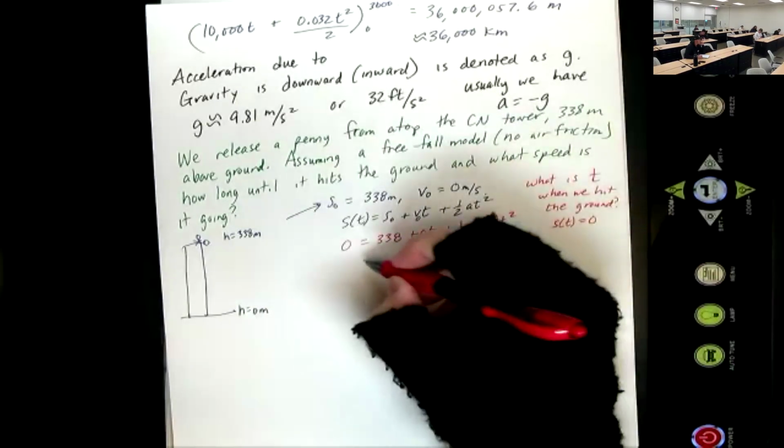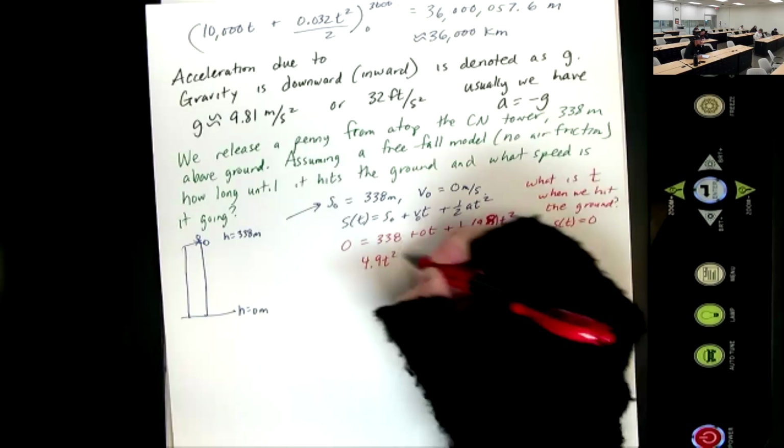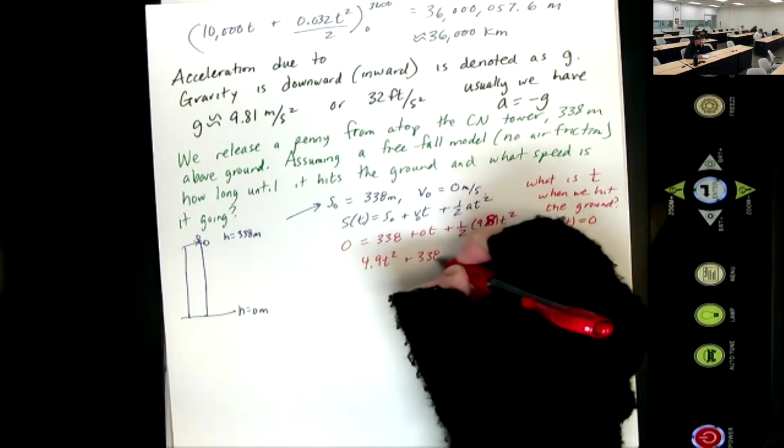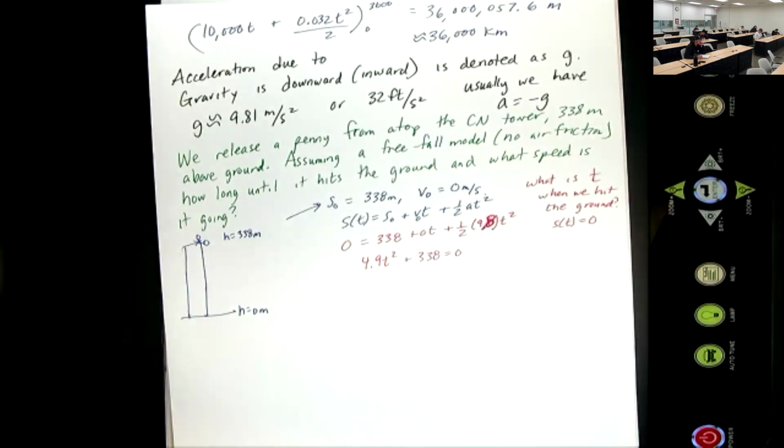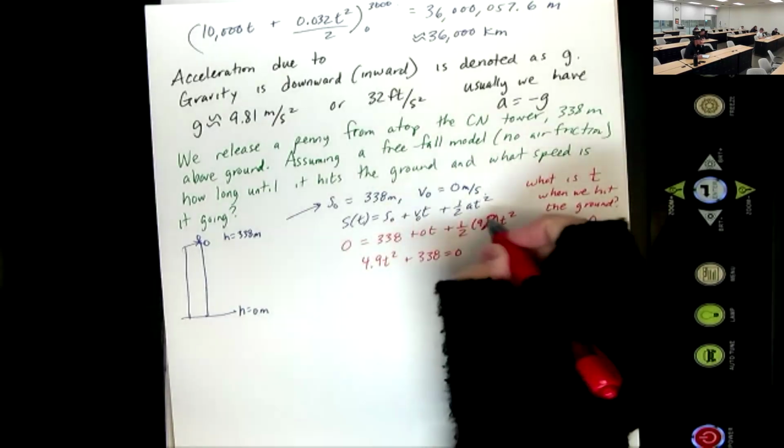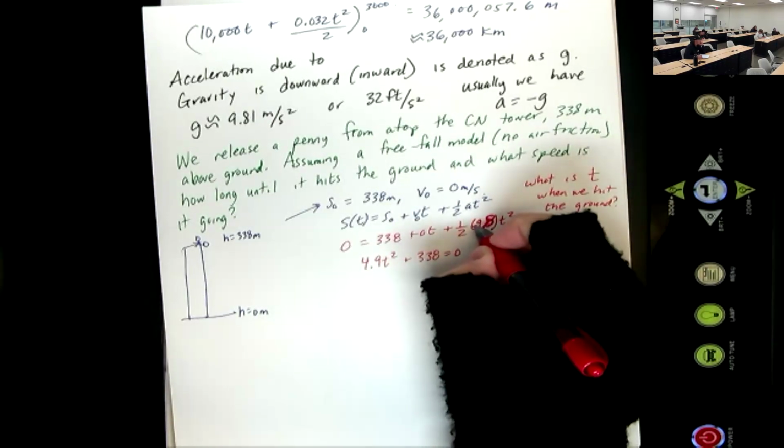So that should be negative 4.9 t squared plus 338 equals 0, minus because the 9.8 is negative.